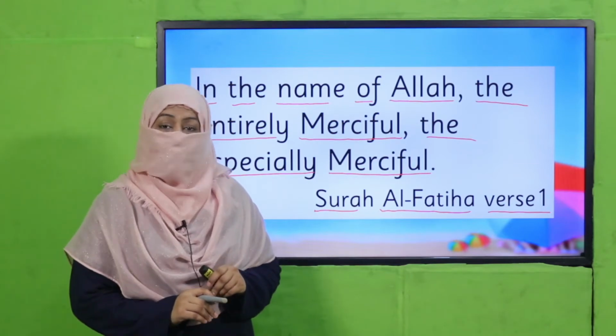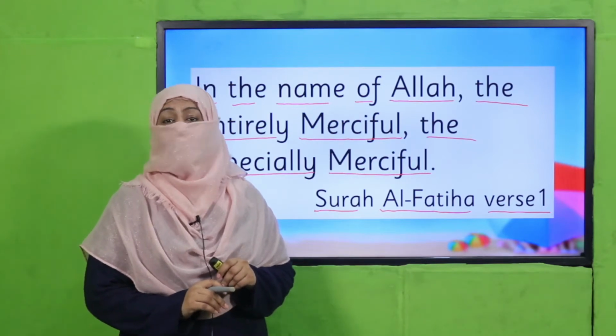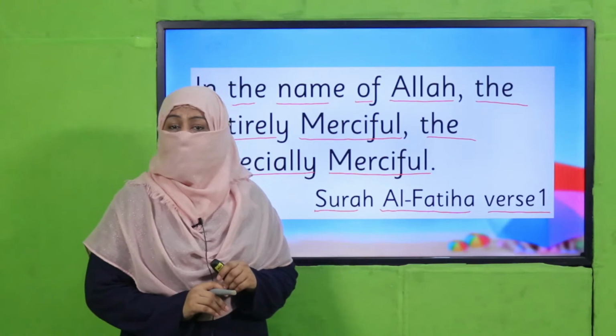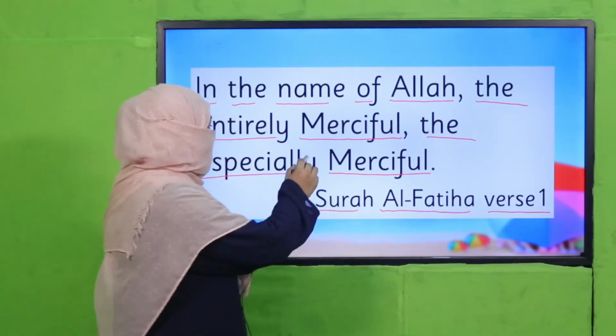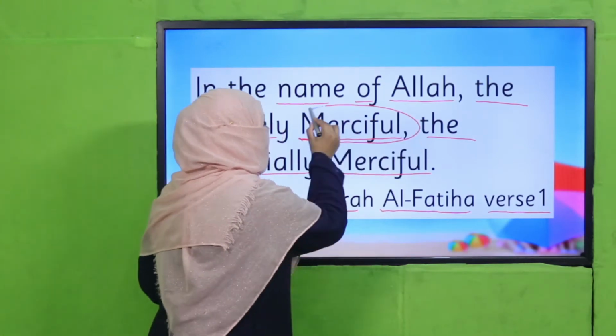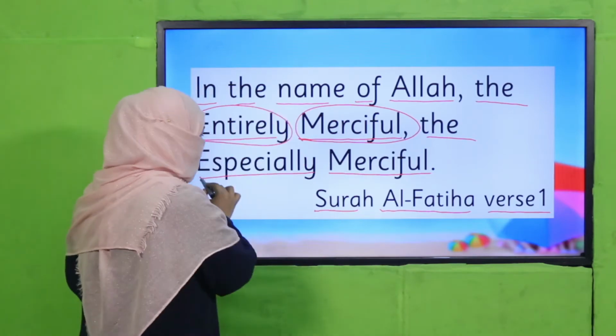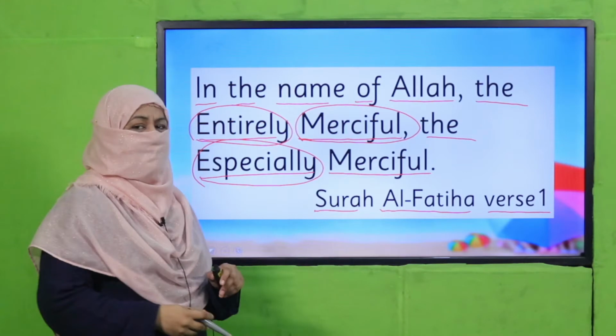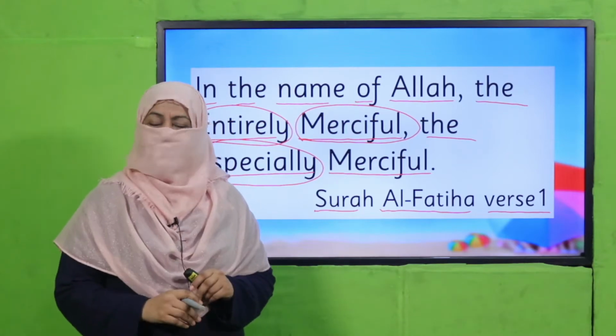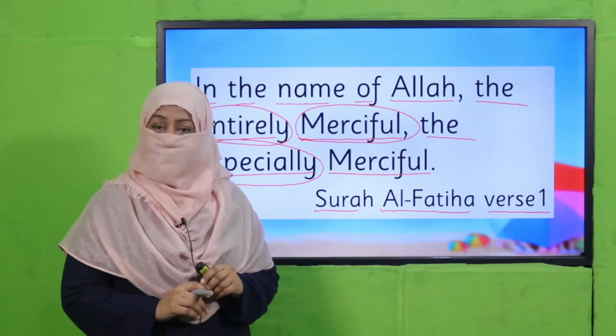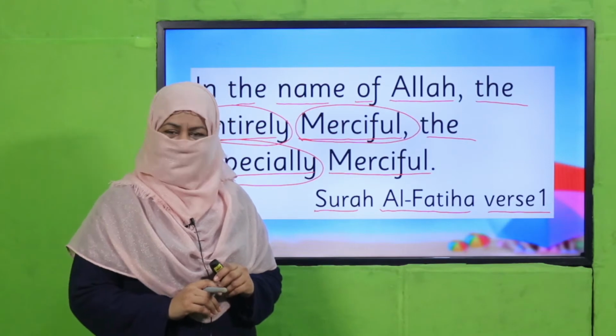This beautiful verse is telling us about Allah subhanahu wa ta'ala, that Allah is entirely merciful and especially merciful. So we should be thankful to Allah and we should obey the commands of Allah subhanahu wa ta'ala, right?